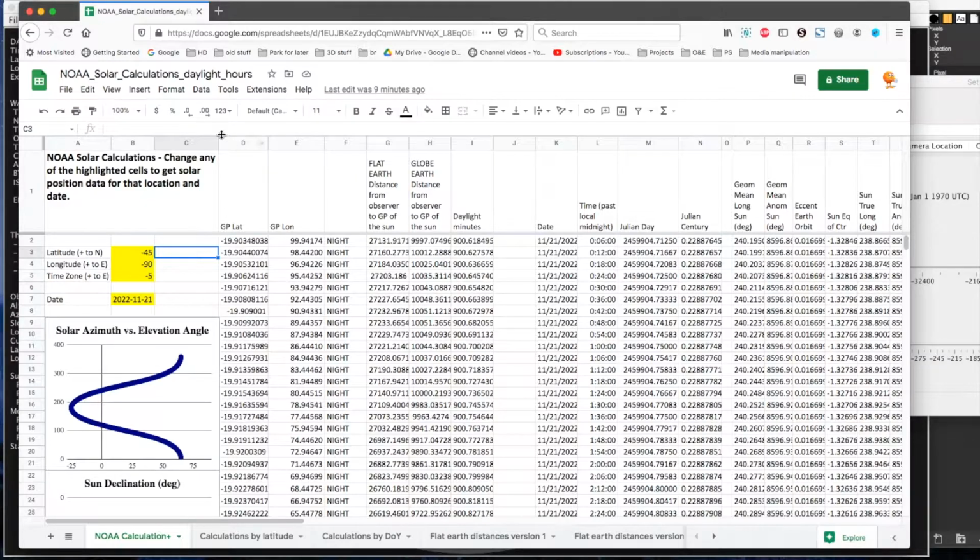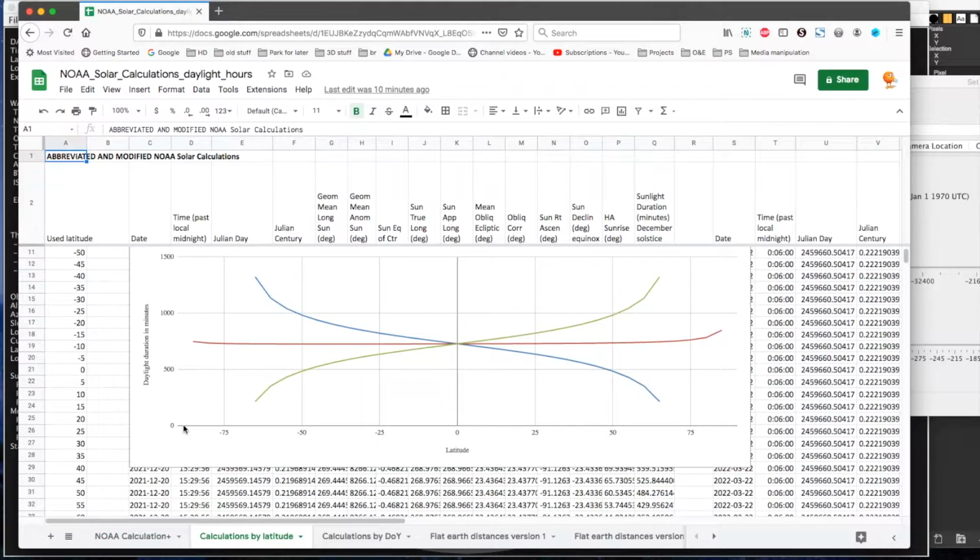I already knew that there was a NOAA solar calculator. It's a spreadsheet that they have developed to calculate the daylight hours, the altitude and azimuth of the sun for any given time at any given location, along with sunrise and sunset times. And so I took that spreadsheet and I decided to create this tab.